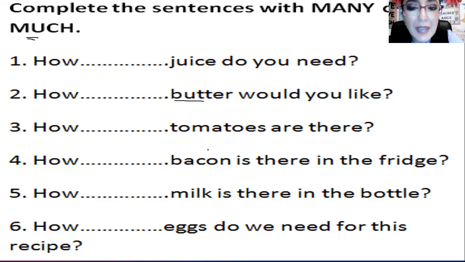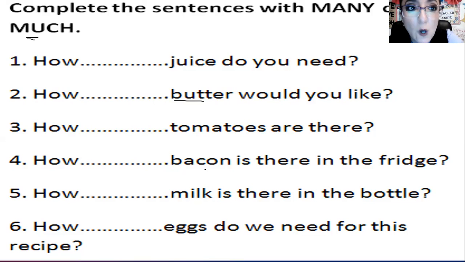Now, tomatoes ordered. Yes, exactly. How many tomatoes? Because I can count that. Yes, how many tomatoes? It is something that I can count.